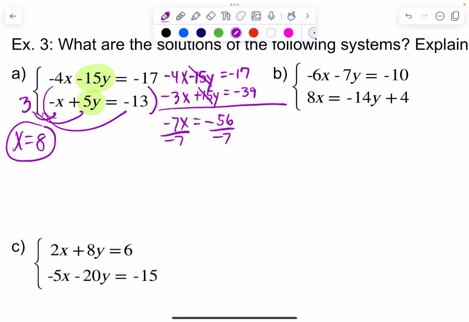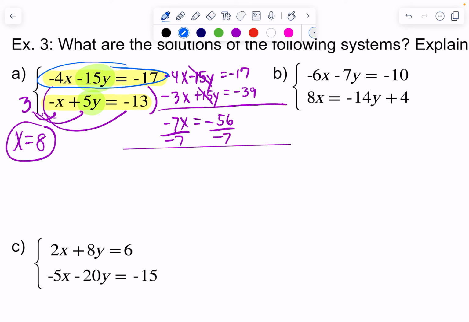Now that I have x equals 8, please remember that I'm going to have to plug that x value into either of the original equations that was given to me. Me personally, I'm going to choose to plug it into the top equation, first equation here. So I've got negative 4 times 8 is negative 32 minus 15y equals negative 17.